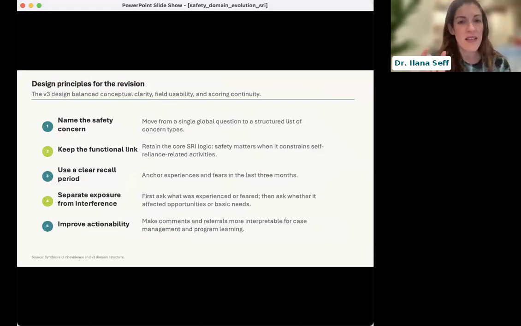We wanted to keep the last 3 months period. That was crucial. We wanted to, again, separate out and understand whether or not safety incidents were occurring and then know about how it's affecting opportunities or basic needs. And we wanted to ultimately have the new version of the domain be more actionable for referral purposes.